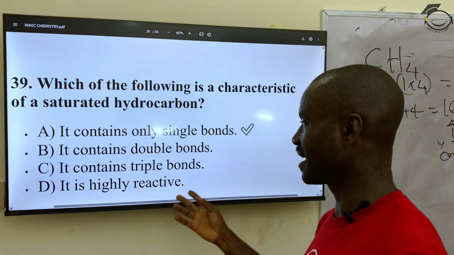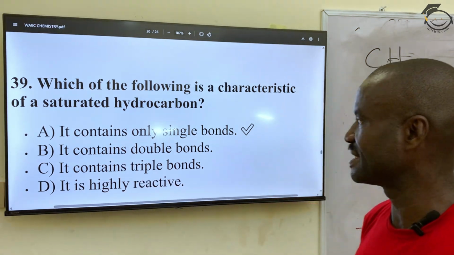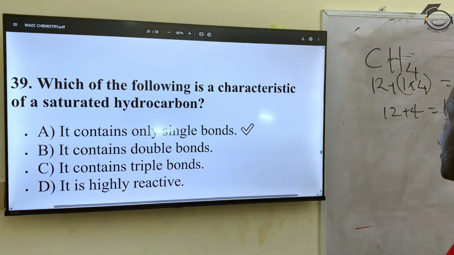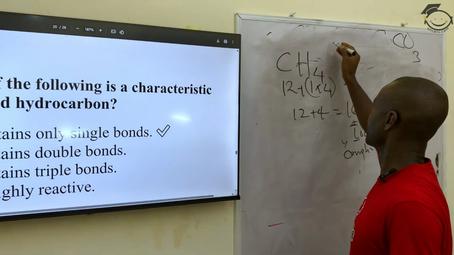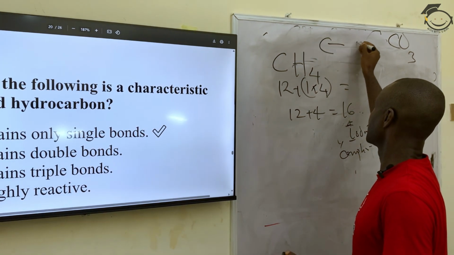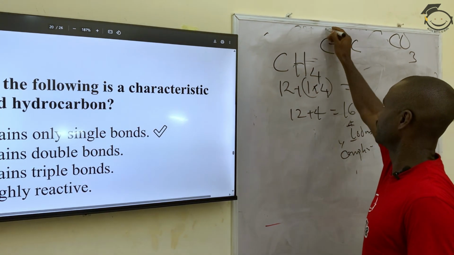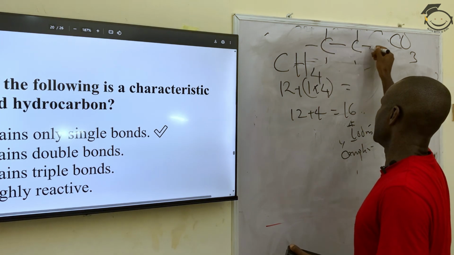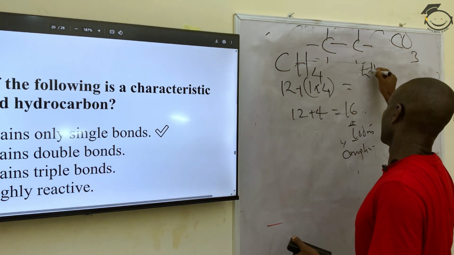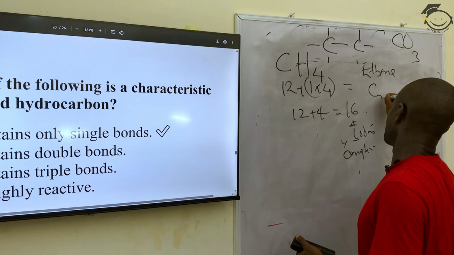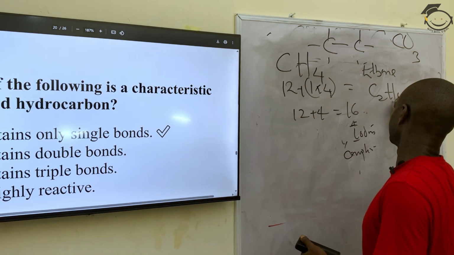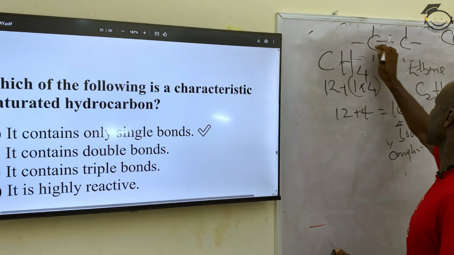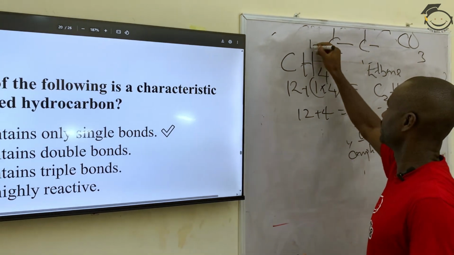D, it is highly reactive. The correct answer is A. It's a single bond compound. So for instance, you have this carbon-carbon single bond. This is an example of ethane. Ethane is C2H6. So you can see the bond between carbon and carbon is a single bond.